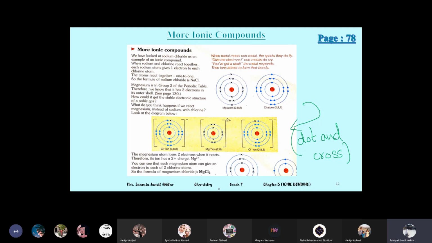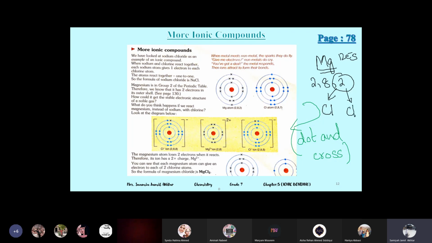Like we discussed that magnesium Mg is 2, 8, 2 with 12 electrons. So 2 electrons are extra, so magnesium will give one electron to one chlorine and the other electron to another chlorine, because each chlorine needs one electron.